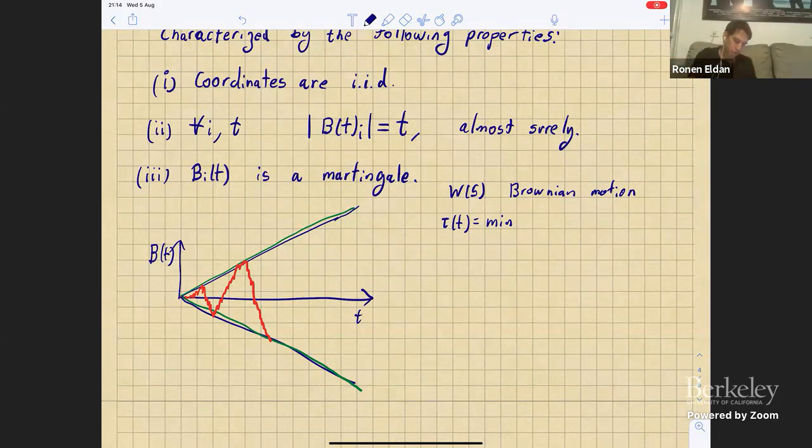Tau of t is the minimum S such that W of S in absolute value is equal to t. So look at the first time where the Brownian motion reaches t by absolute value, and then define B of t to be equal to W at tau of t.